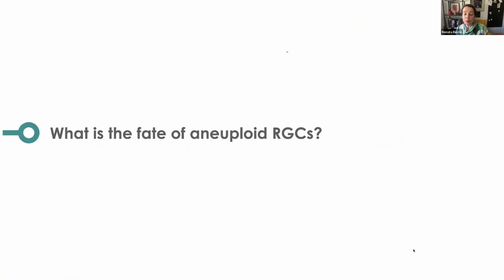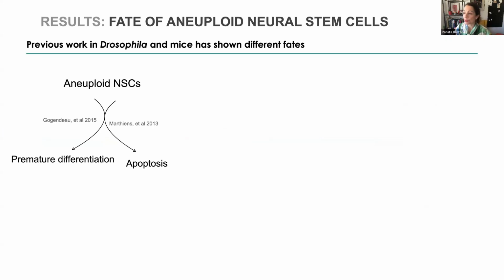Now, we wanted to know what will be the fate of these aneuploid radial glial cells, and so past work from our lab has shown that in Drosophila, aneuploid neural stem cells will undergo premature differentiation, whereas in mice, they will undergo apoptosis.